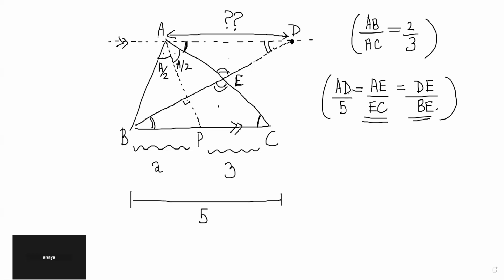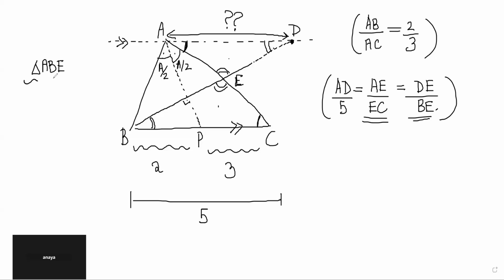So let's think of how we can find the ratio AE by EC. Look at triangle ABE.